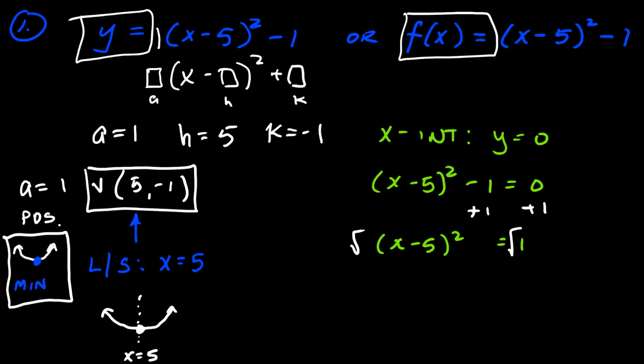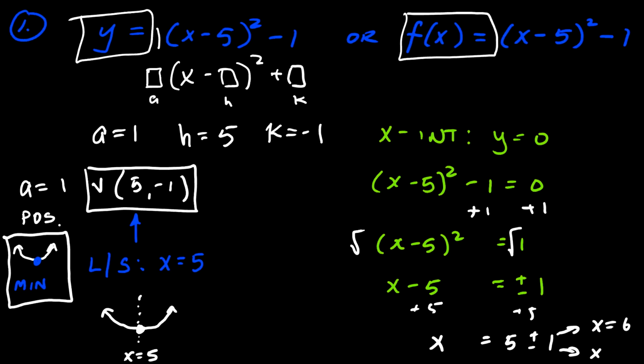And this is where you need to remember that when you square root the value squared, it's going to leave us with two values. It could have been positive or negative 1. And we'll simply add 5 to both sides. That leaves us with x equals 5 plus or minus 1, meaning we'll have 5 plus 1, which is x equals 6, and 5 minus 1, which is x equals 4.